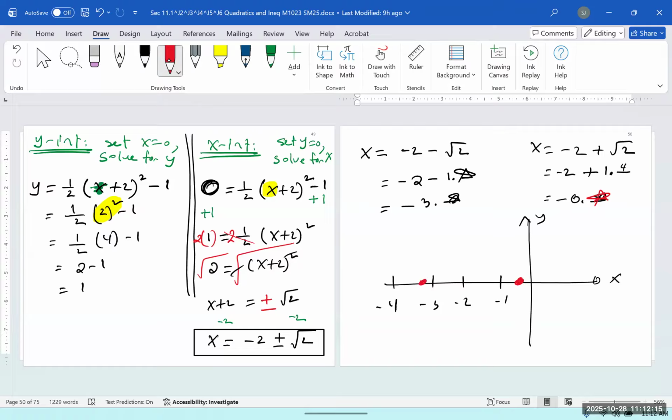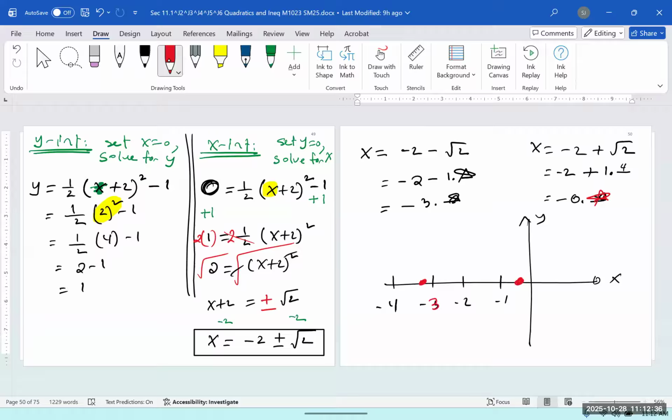For approximation, the position doesn't matter. So these are the two x-intercepts. This is -0 point something between 0 and -1. This is -3 point something between -3 and -4.